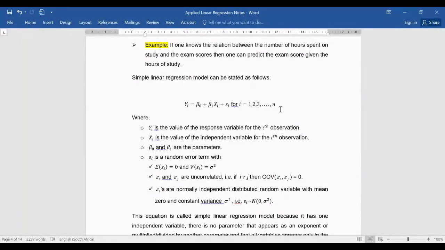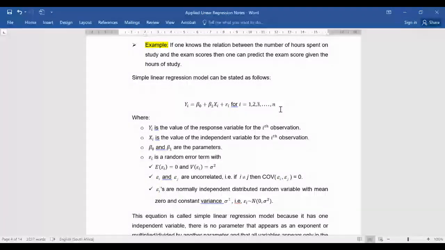If the first student, for example, is Chabalala, it means y1 will be the exam score for Chabalala, because the exam score in that example is our response variable. And then y2 will be the exam score for Humu if Humu is the second student, and so forth.